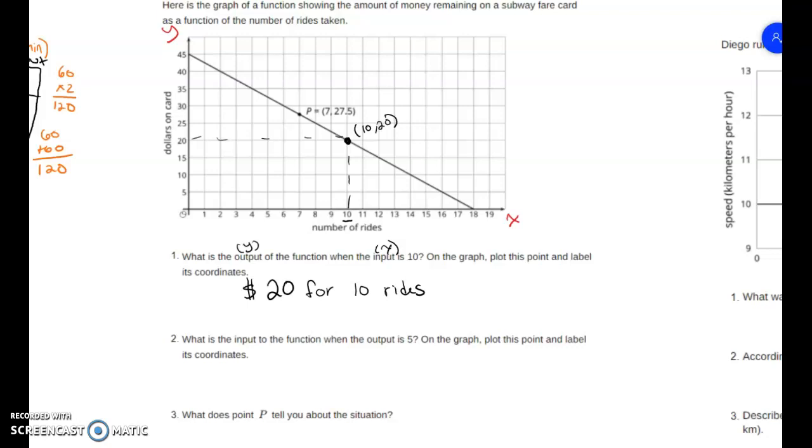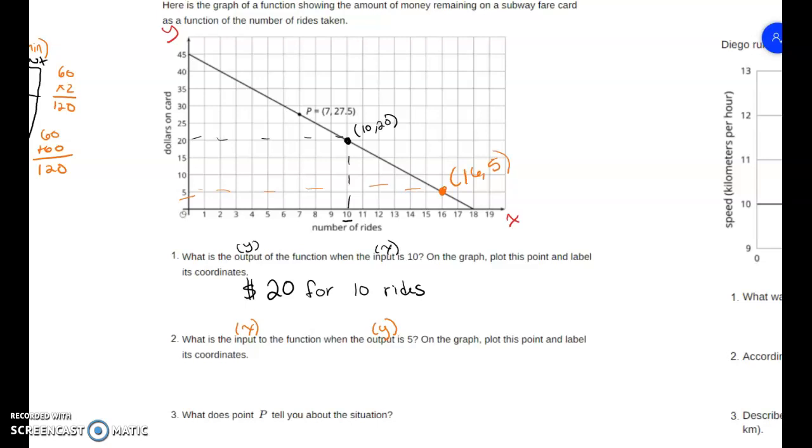So now what we're going to do is find the input, x. So instead of going on our x-axis and up, we're going to go on our y-axis and over. Well, the output is 5. So what is the input of the function when the output is 5? So what I'm going to do is I'm going to go onto my y-axis to 5. I'm going to go straight over, and I'm going to see, boom, right here. I have 16, 5. This is my output.